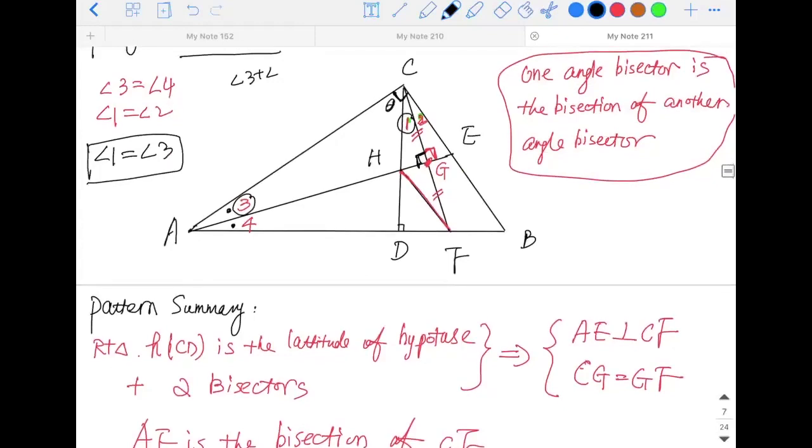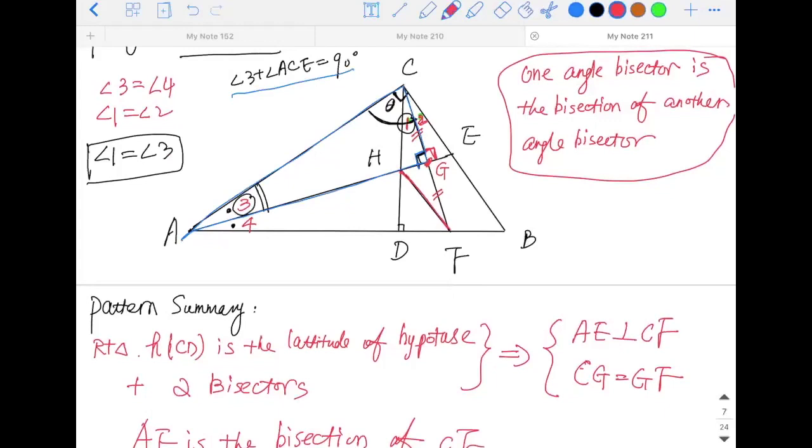Let's see. Angle 3 plus this angle ACG equals 90 degrees, right? Let's say in this triangle, because this is right, angle 3 plus angle ACE is 90 degrees.